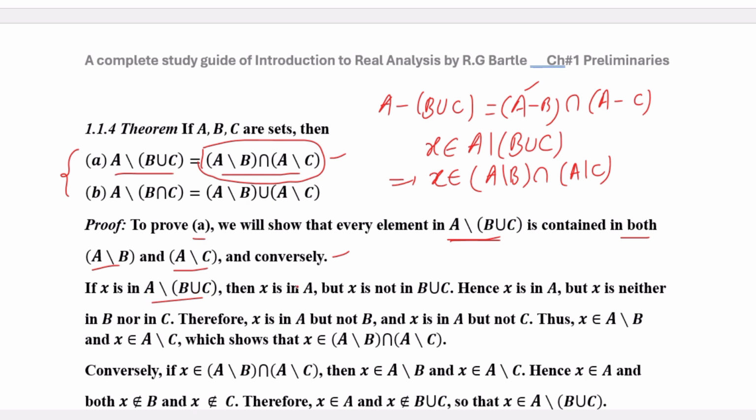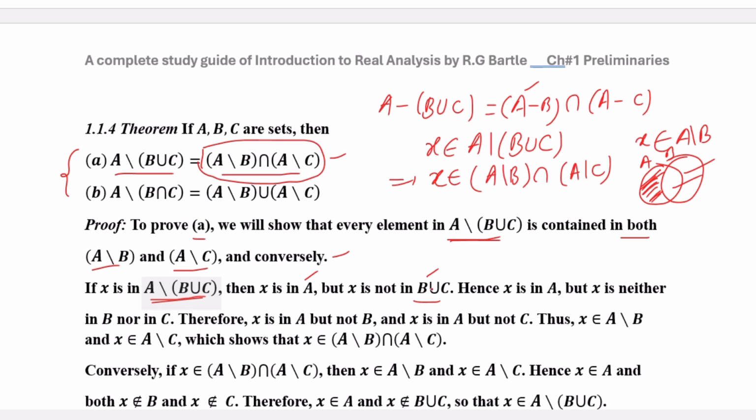So this shows that x is in A but x is not in B union C. Remember, when you say x belongs to the complement of B relative to A, it means x is an element of this part but not in this part. Similarly, when you say x is an element of this part, this shows that x is in A but x is not in the union.